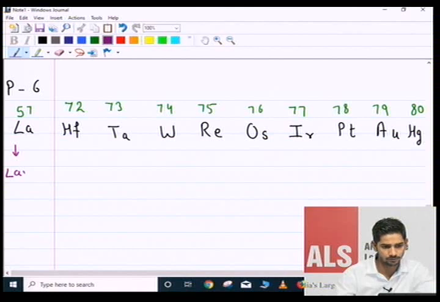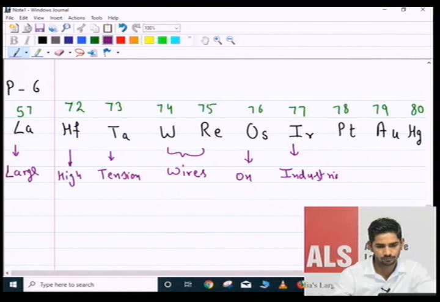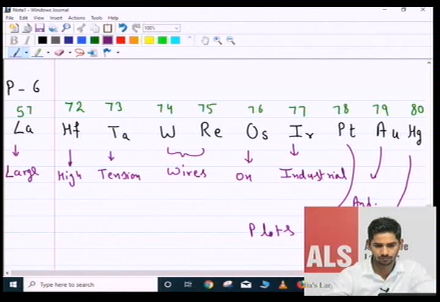This is your large, high tension wire on industrial plots and highway.